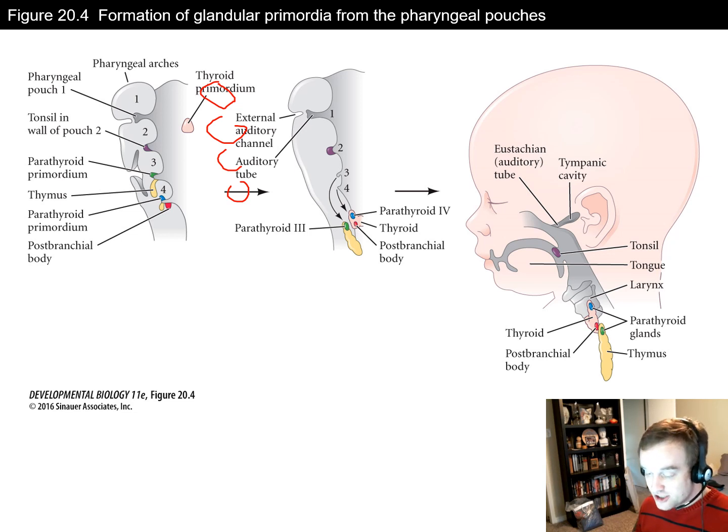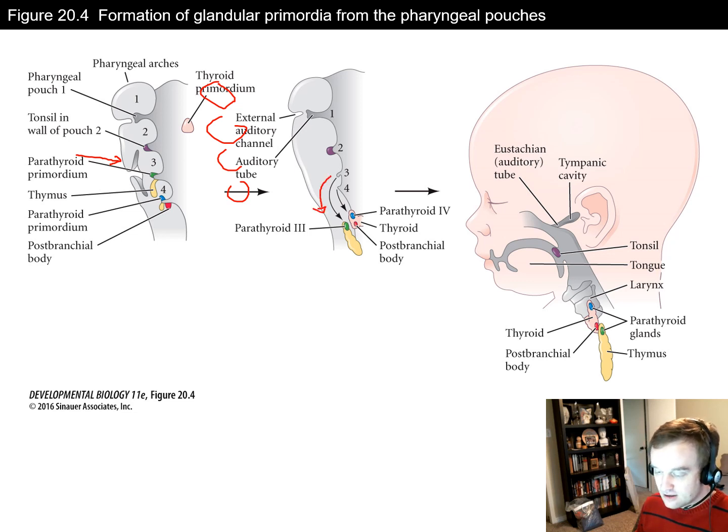The dorsal portion of the third pharyngeal pouch forms part of the parathyroid gland, and the ventral portion forms the thymus. And both of these will migrate caudally and meet with the tissue from the fourth pharyngeal pouch. As you can see here, they're migrating.